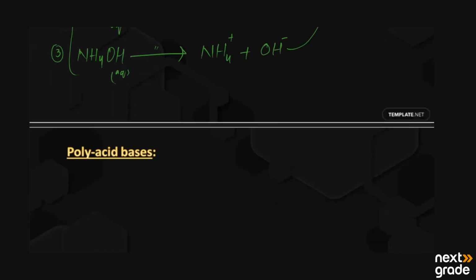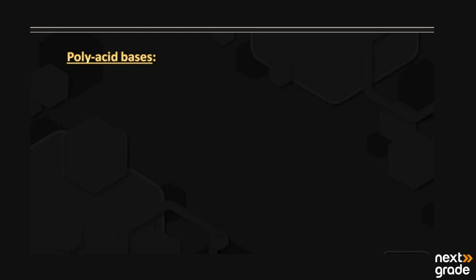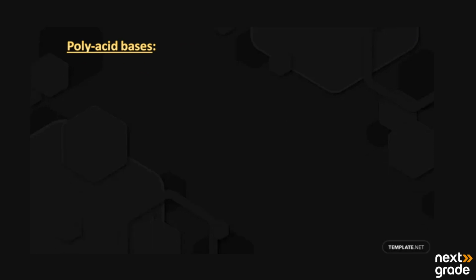The second type of bases is polyacid bases. As the name shows, poly means many.